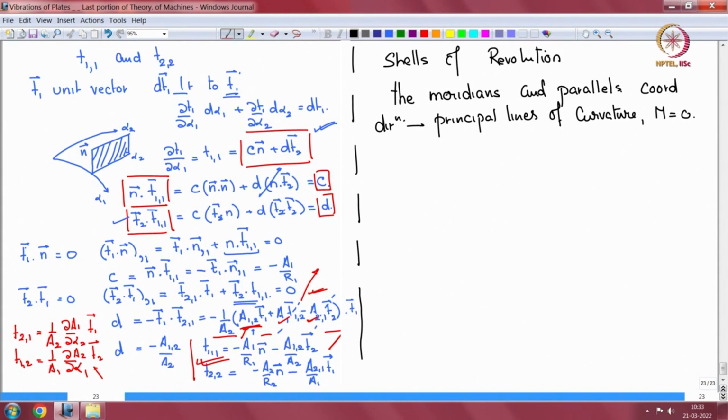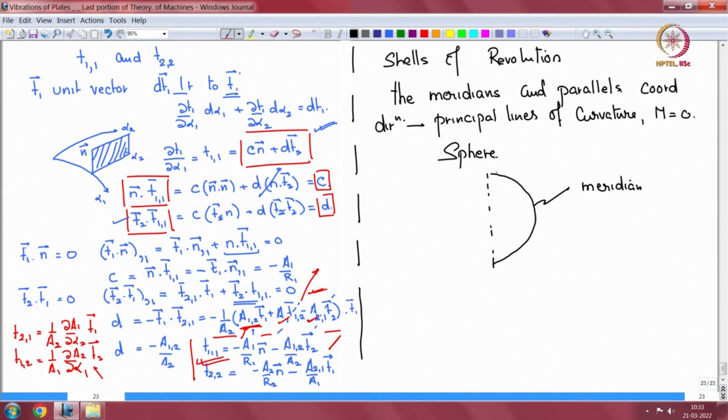So if we look at it for a sphere, okay, in the sphere there is this axis and there is this meridian that rotates, revolves around it. This is the meridian, half circle. Okay.